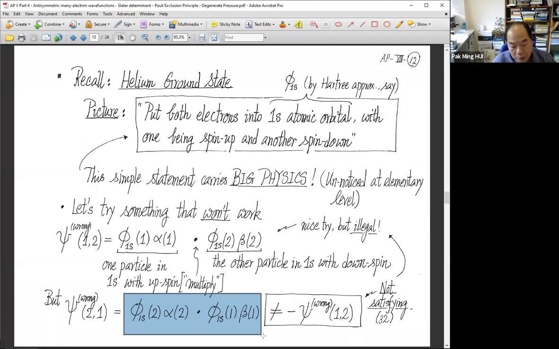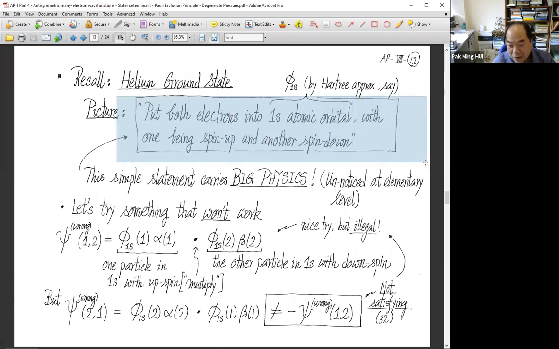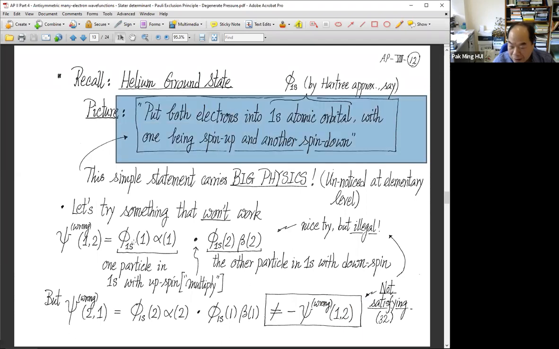Now you look at that, it is not off by a minus sign, because it's alpha 2 here, the second electron is now down, but it is beta 2 up there. Okay, so simple. Now this is right, but writing it down is tricky.